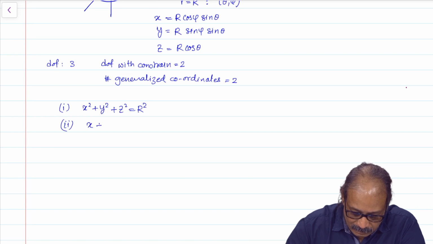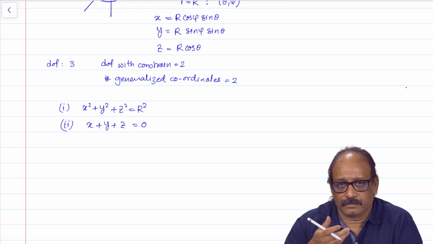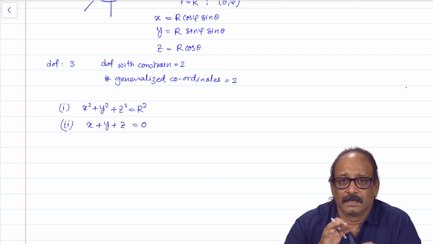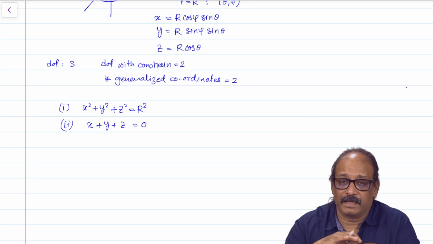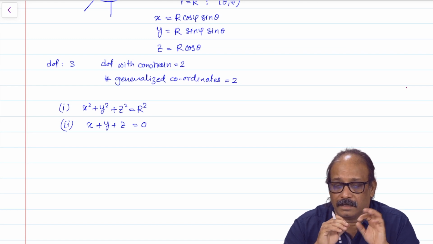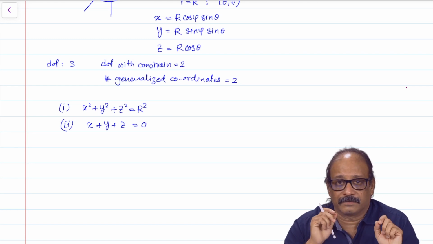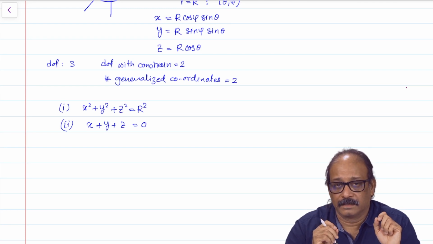Say x plus y plus z is equal to 0. Now, what does the second constraint do? If there was no first constraint, the second constraint also gives you a plane surface. In this case, of course, it is a plane passing through the origin. And if I did not have the first constraint, I just have the second constraint, the particle will be confined to move on the surface of the plane.